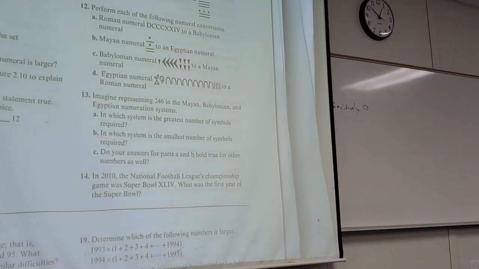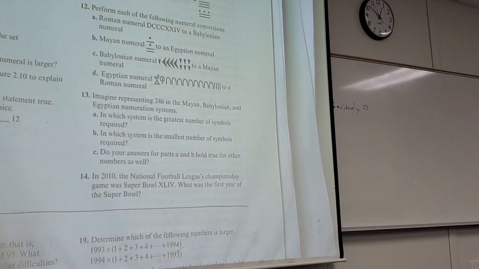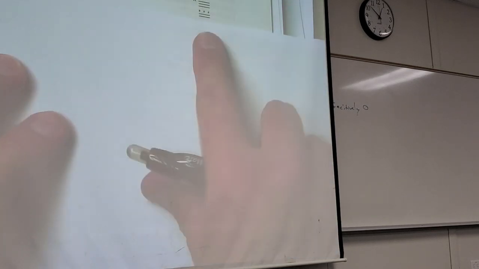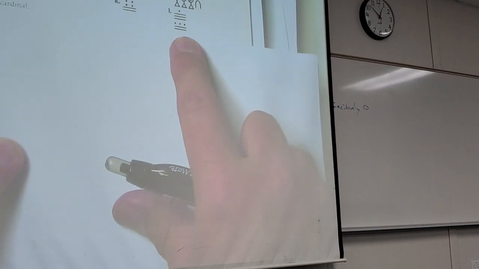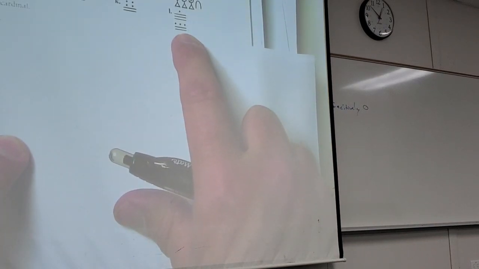In the book it says number 11L. How many places are there? 2. Again, the book is not exactly right.